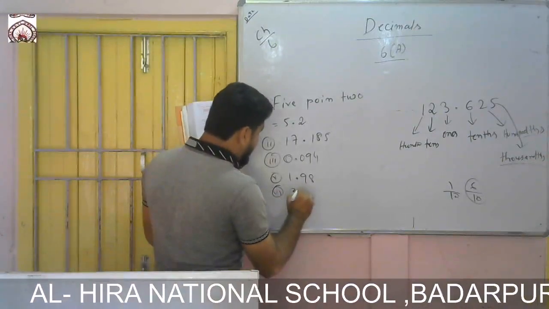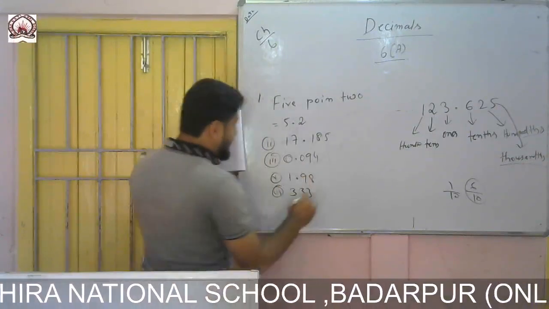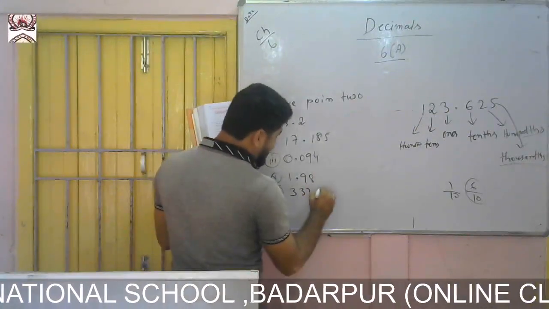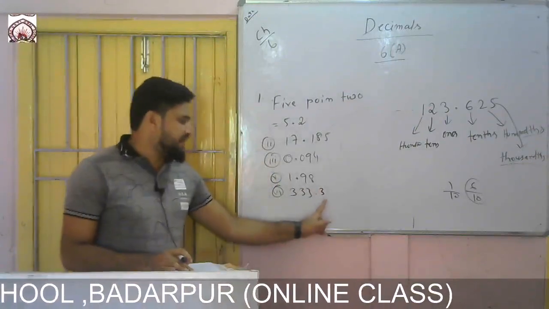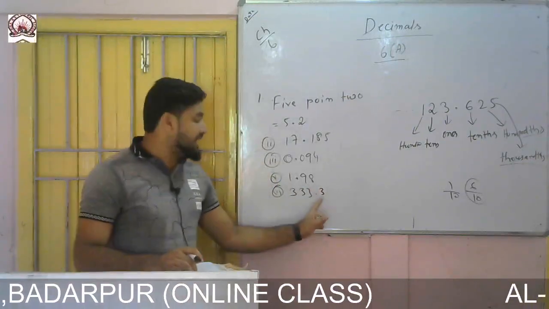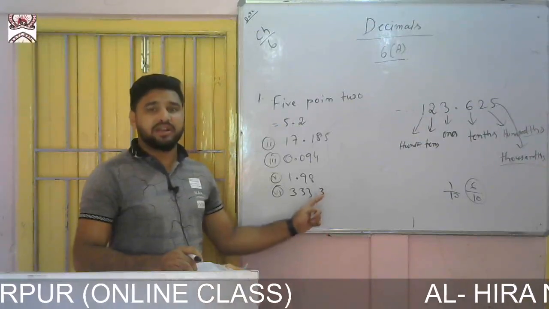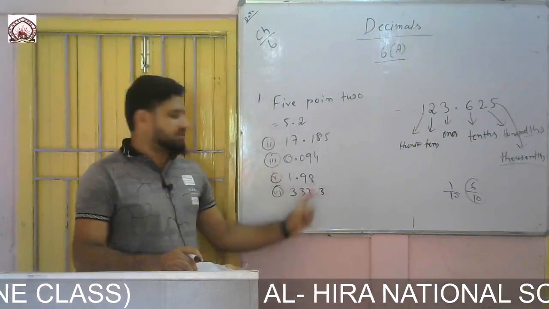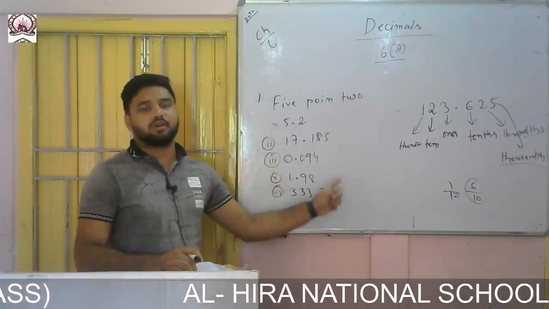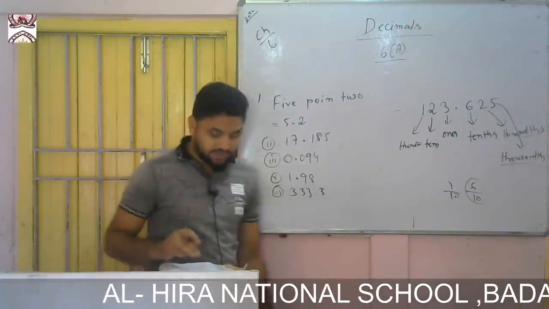So 333, this one we know, and 3 tenths, that means 3 is in the first place just after the decimal point, because there is no ones place in the decimal part. It starts from tenths, hundredths, thousandths, ten-thousandths, like this.